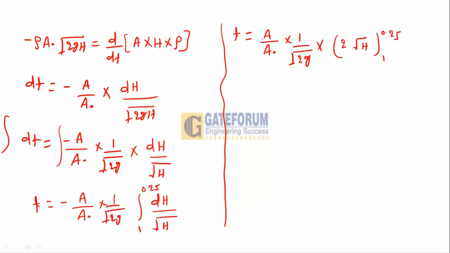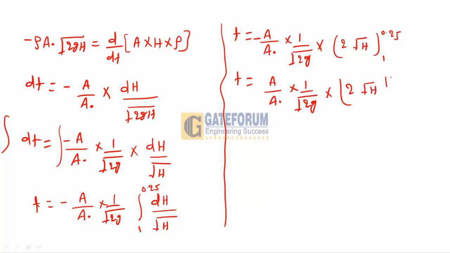Yes, there is a minus sign. Now do one thing. Can I write like that? A upon A_0 multiplied by 1 upon root 2g. Now what we have to do is change the limit of integration. So can we write like that, 0.25 to 1? Then this minus sign will be ignored.